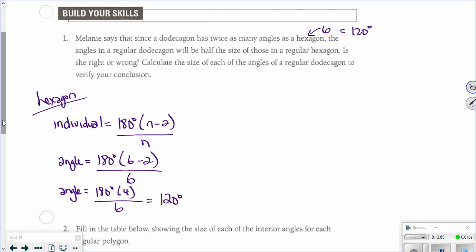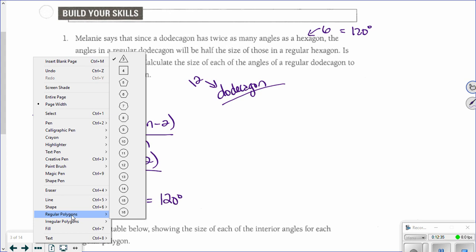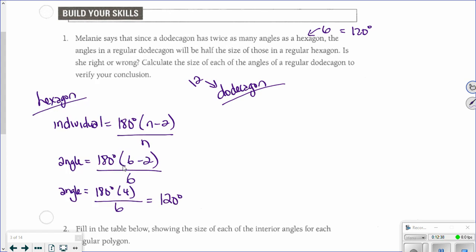For a dodecagon, you need to remember what dodecagon is, and dodecagon is a 12-sided shape. Dodeca is 12. You don't necessarily need to draw these things out, but if you like the triangle method, you can. I'm going to cheat because my smartboard will draw it for me.